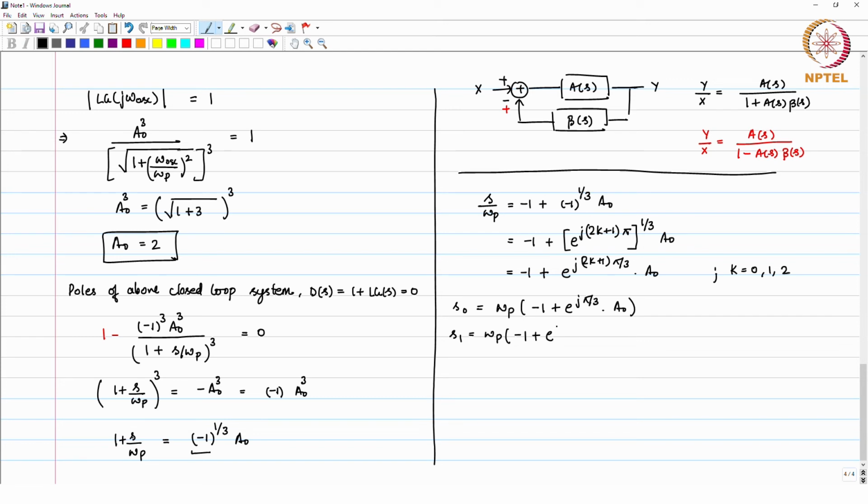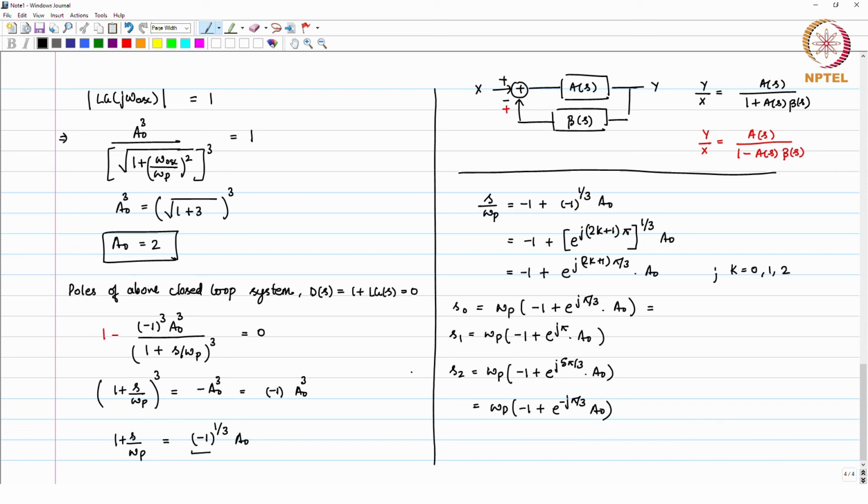So, 3 pi by 3, which is e power j pi times A naught, and S2, the third pole, is minus 1 plus e power j, substitute k equal to 2, which is 4 plus 1, 5 pi by 3 times A naught. Okay. And this value is nothing but minus 1. You can say 5 pi by 3 is like 6 pi minus pi by 3. So, this is e power minus j pi by 3 A naught.